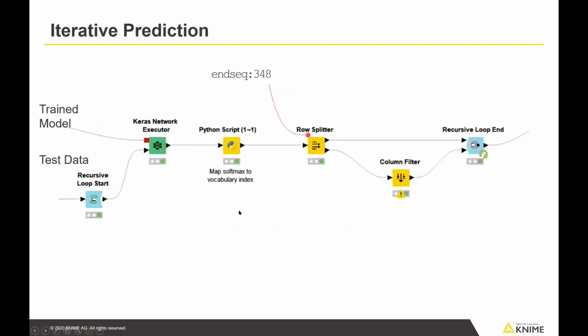Then in the KNIME workflow, this looks like this. To perform this, we can use a recursive loop, which is able to route data from the end of the loop back to the start. So here this loop would get as input the test data and the trained model. Here in the executor, in this Python script, we predict the class of the next token and map it to a vocabulary index.